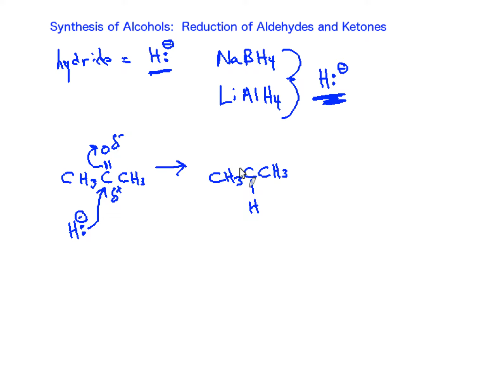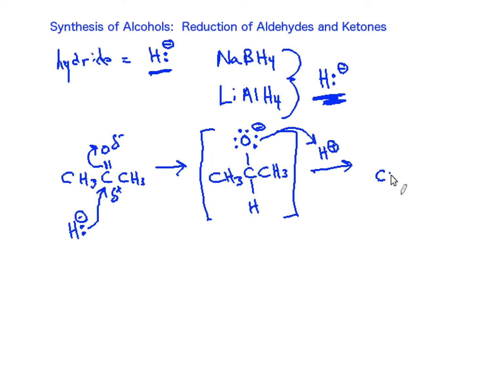That's a reduction, because we're generating more carbon-hydrogens and we have fewer carbon-oxygen bonds. And since this oxygen is now not sharing a pair of electrons, it's negatively charged. This is usually seen as an intermediate in an overall reaction, and we can protonate that in a second step by the addition of acid to form our final alcohol. In this case, 2-propanol.